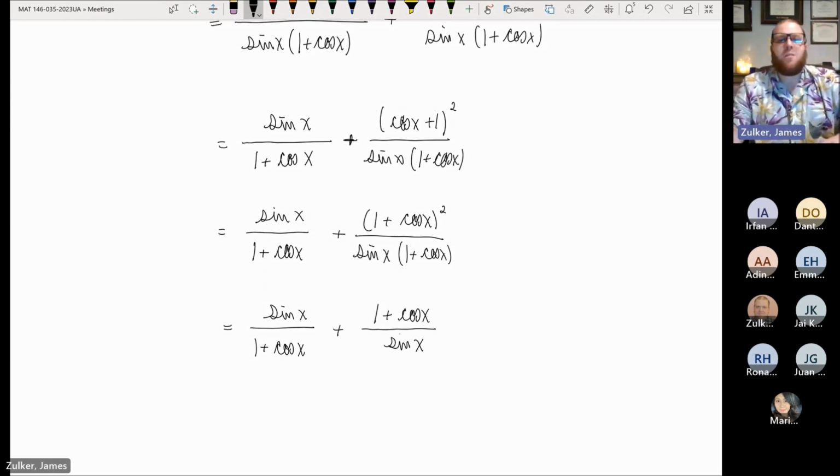And now look, there is a 1 plus cosine x factor common in both the numerator and the denominator. What we're left with is sine over 1 plus cosine plus 1 plus cosine over sine. Hence, the identity is verified.